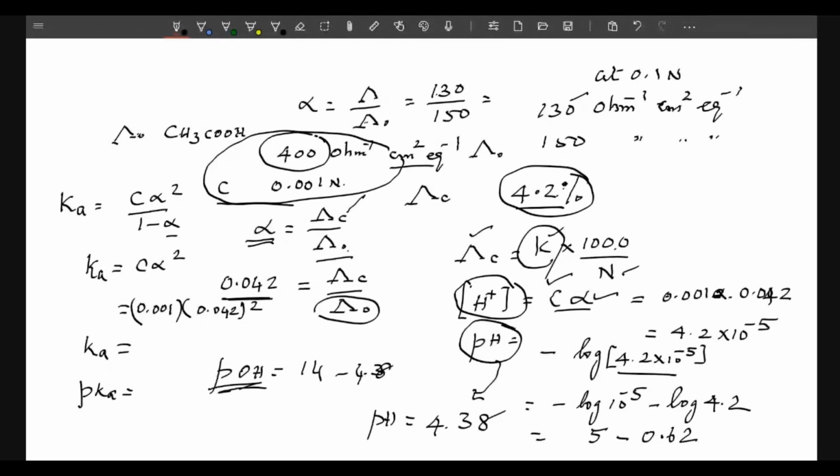The fourth thing, the degree of dissociation of the electrolyte can be calculated. And once Ka is calculated, you can calculate pKa, the relationship being minus log of Ka. Therefore, if this is given, you may be asked to calculate all these things.